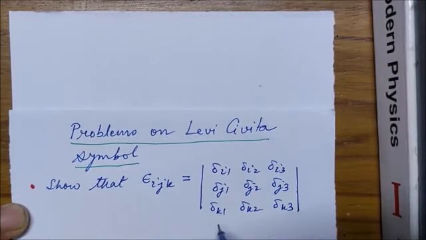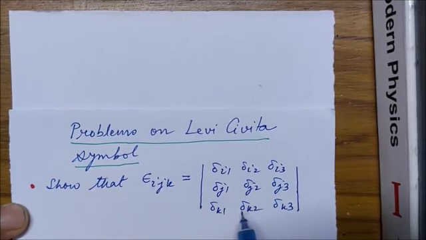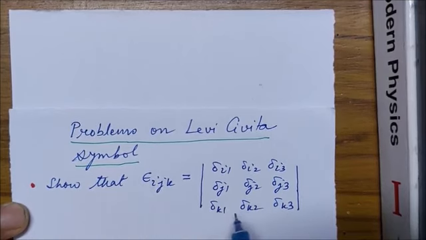So this is a relation connecting Levi-Civita to the Kronecker deltas, and we have to obtain it.